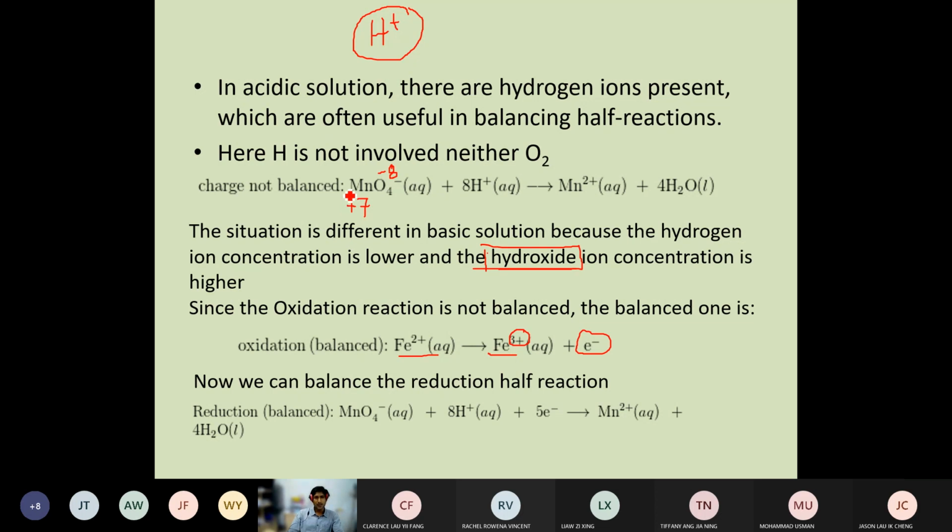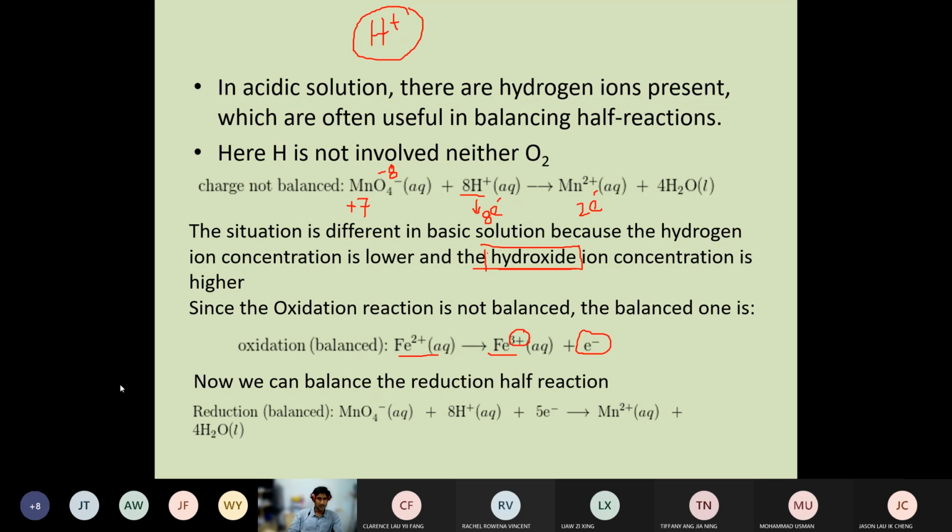Or in another way, the 8 hydrogen ions involve 8 electrons, here it is 2 electrons, and here it is 1 electron.